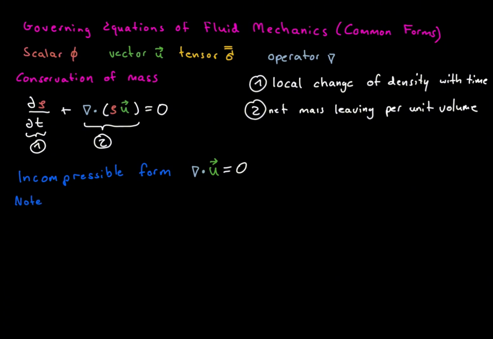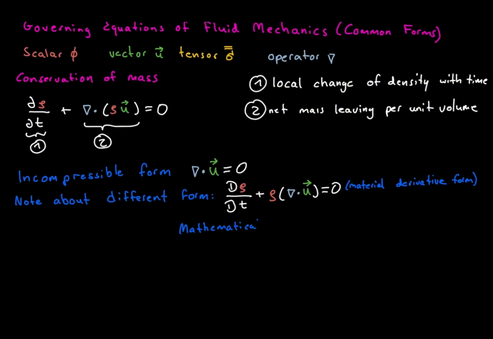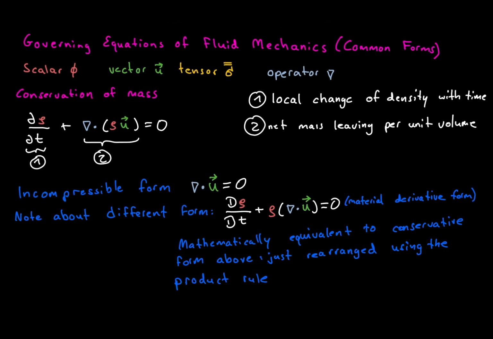You may also see the continuity equation written using the material derivative as d rho over dt plus rho times divergence of u equals 0. This form is mathematically equivalent. There is only one mass conservation law, written in different but equivalent forms.